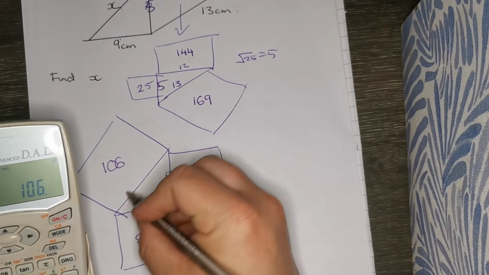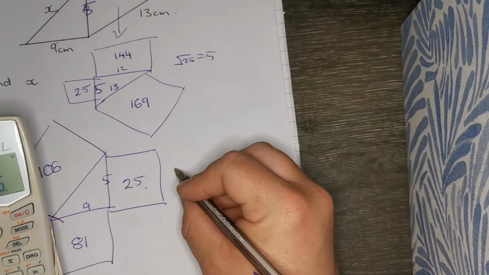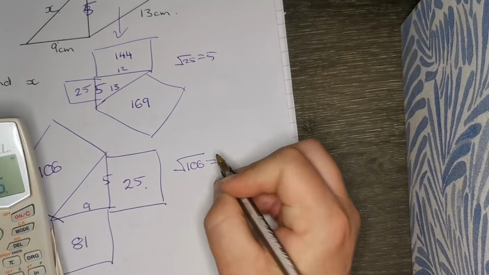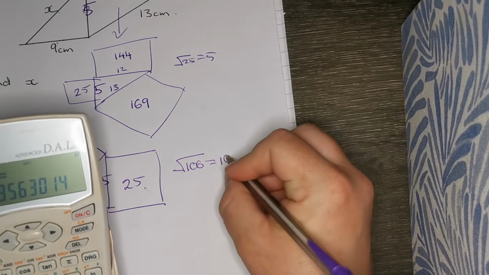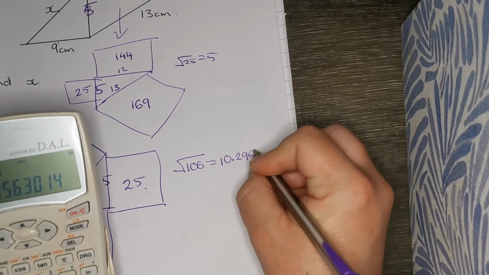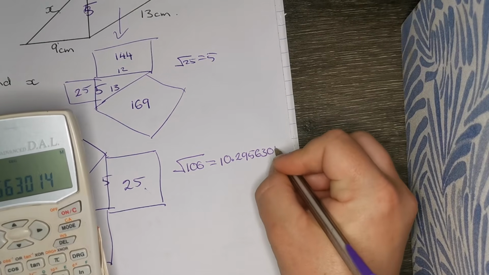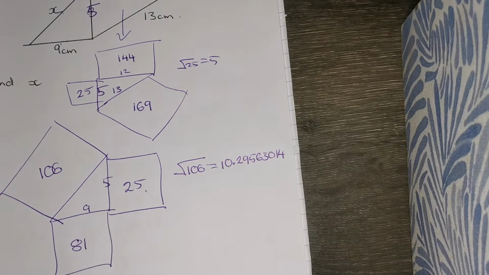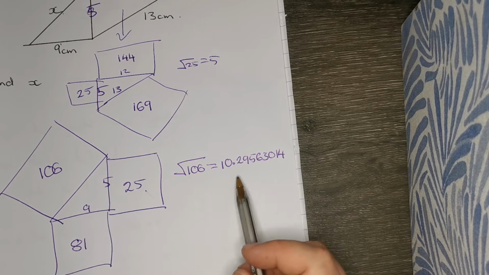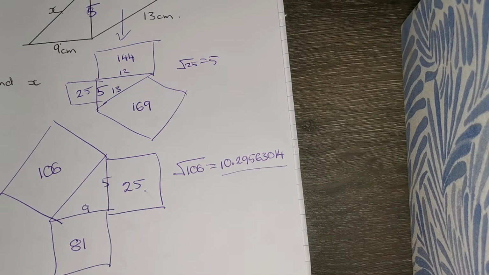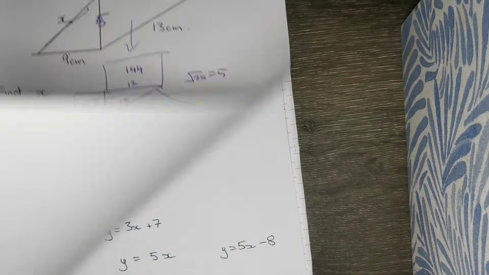So if I want to know that length, I need to square root that. So the square root of 106 is 10.29563014. So I'm not sure what degree of accuracy they were after here. I'm sure they probably did want that rounding, but that is the exact over precise value of x.